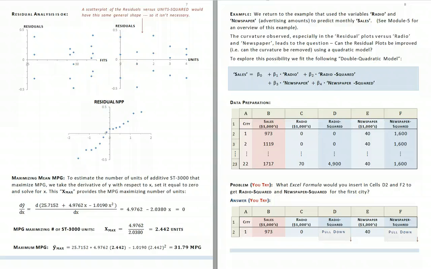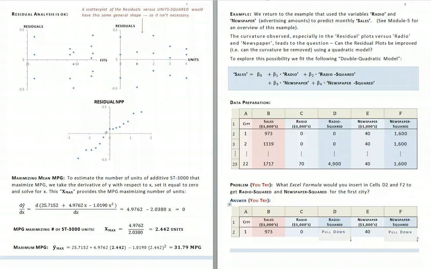For the next example, we return to the use of radio advertising expense and newspaper advertising expense to predict monthly sales. A primary concern in using the previous models was that of the curvature we observed in the residuals versus radio and the residuals versus newspaper plots.